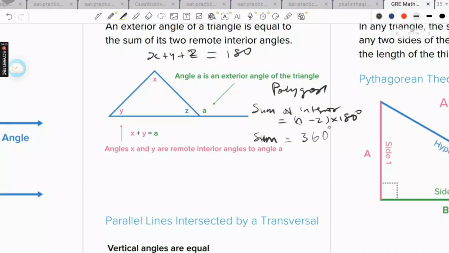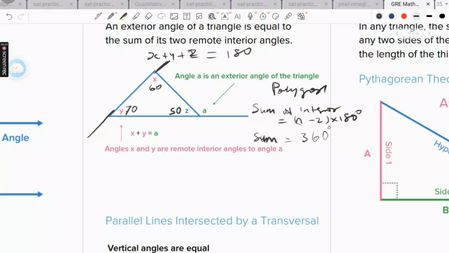Now for exterior angles, first let's assign values. Let S be 60 and Y be 70. If S is 60 and Y is 70, what is Z? This is 50, because then they add to 180.